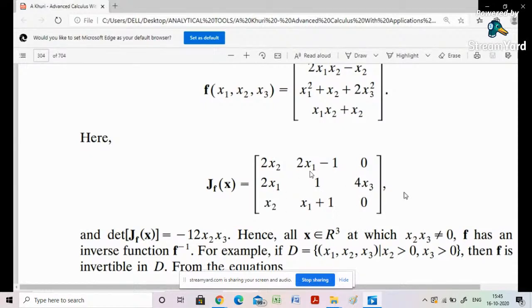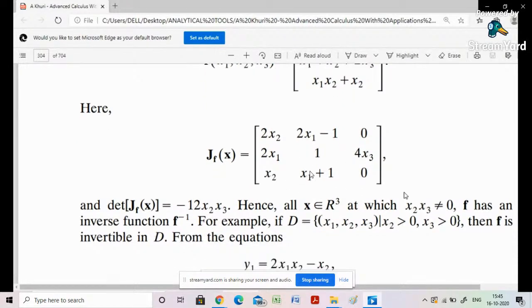So that will give you the matrix. What is the determinant? You know the steps involved in computation of determinant. So just find out the determinant, then that will result in minus 12 into x2 x3. But at the same time, if x1, x2 or x3 is 0, then the determinant will be 0. So we have to keep x2 and x3 not equal to 0. Then only we will get determinant of Jf of x naught not equal to 0.